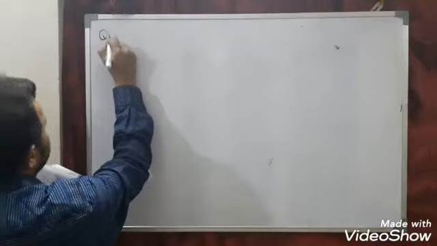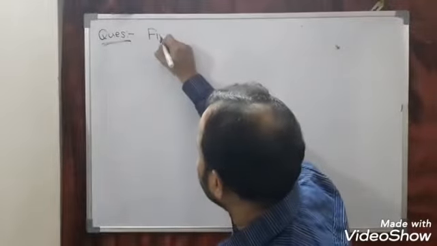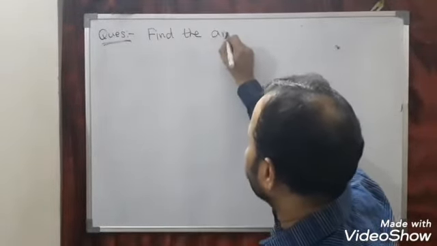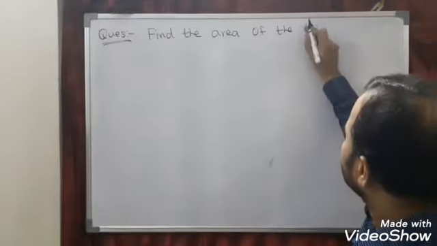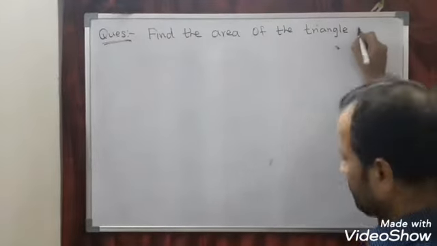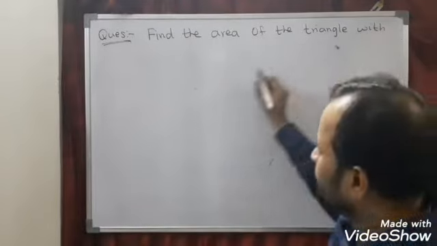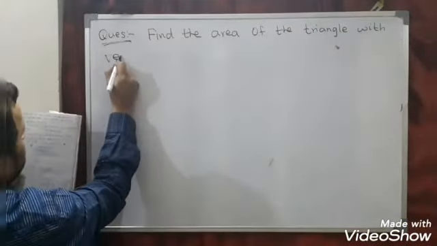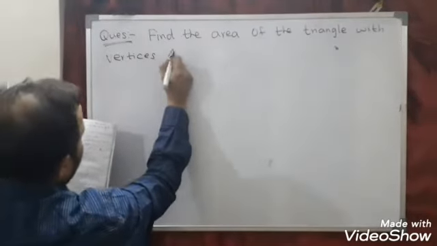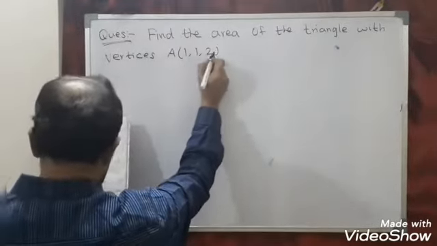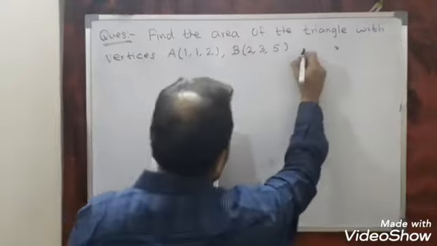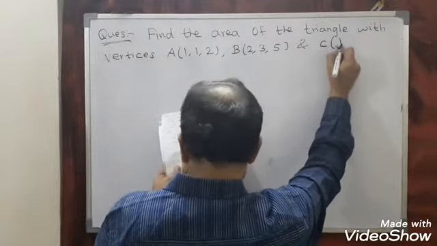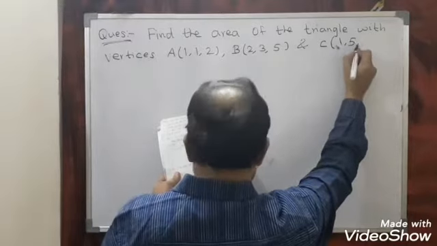So the next question is: find the area of the triangle with vertices A(1, 1, 2), B(2, 3, 5) and C(1, 5, 5).